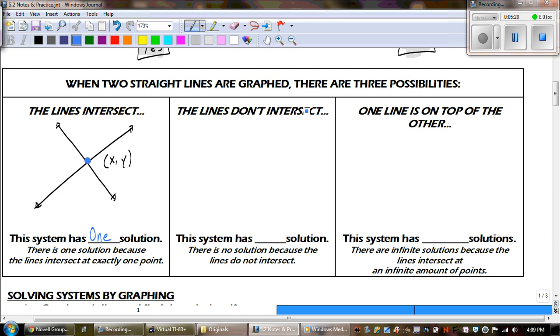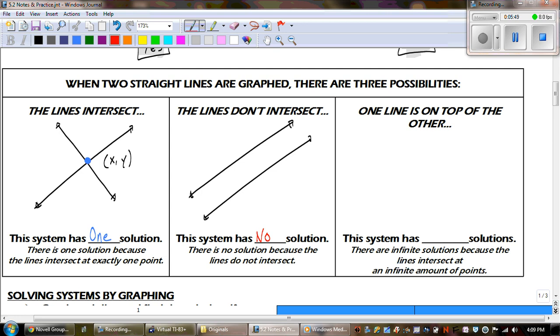The next one would be that the lines don't intersect. If the lines don't intersect, there we go, it has no solution because the lines are parallel. They never touch each other.